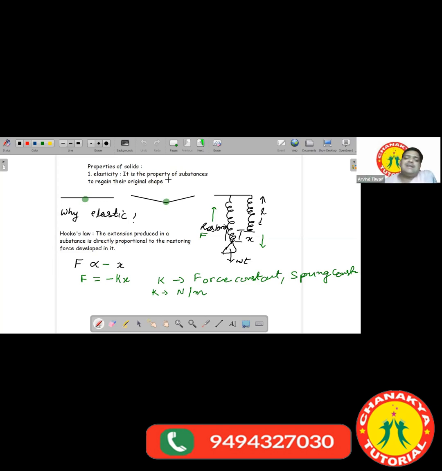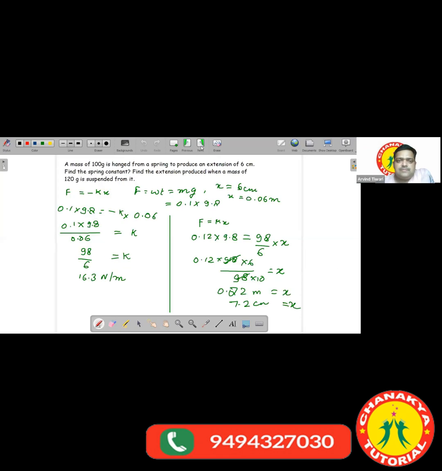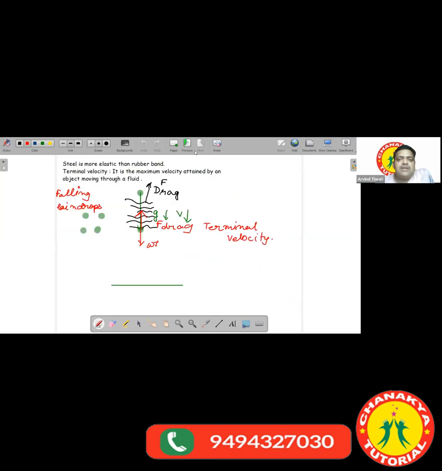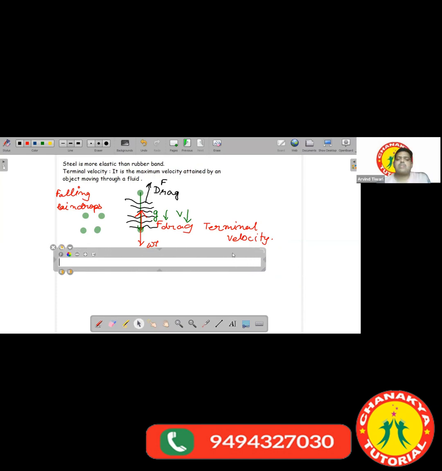Another term here is elastic limit. See, I give you another term, elastic limit. So it's not that if a substance is elastic, you can put any amount of stress on it. Okay. There is a limit to it.